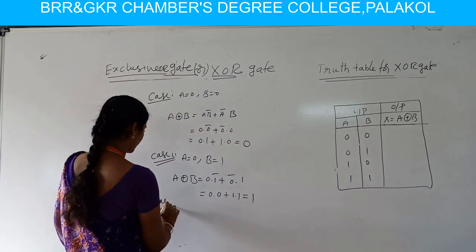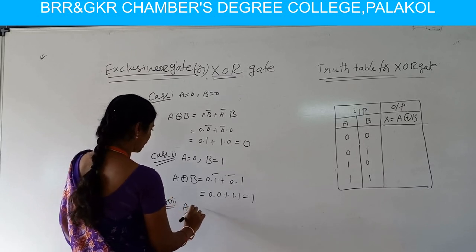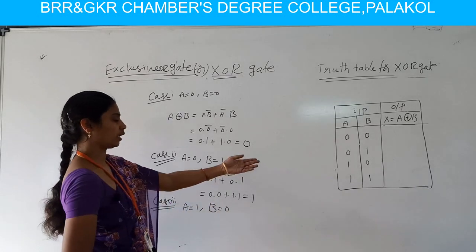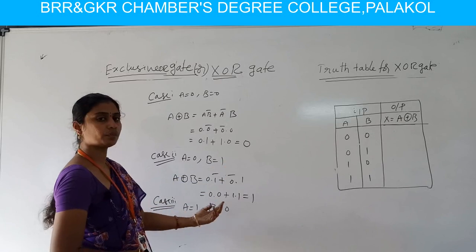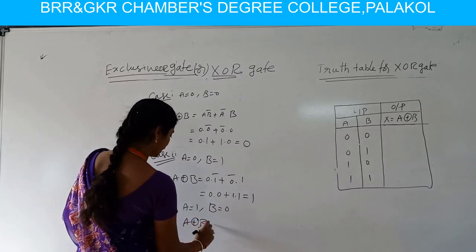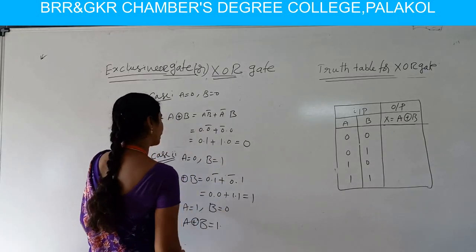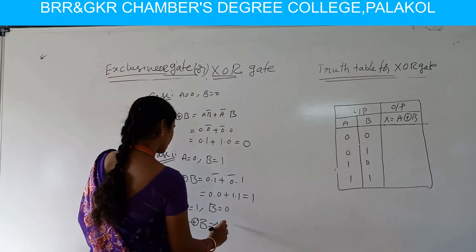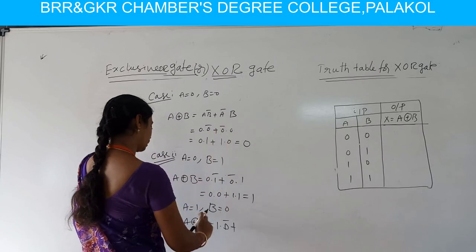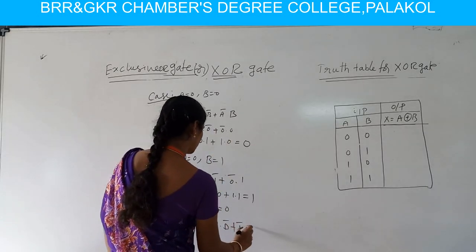In case 3, sorry, A is 1 and B is 0. So here we take the variables A as 1 and B as 0. Then we have A encircled B, which is A B bar plus A bar B. Here B bar is 0 bar, and A bar means 1 bar dot 0.